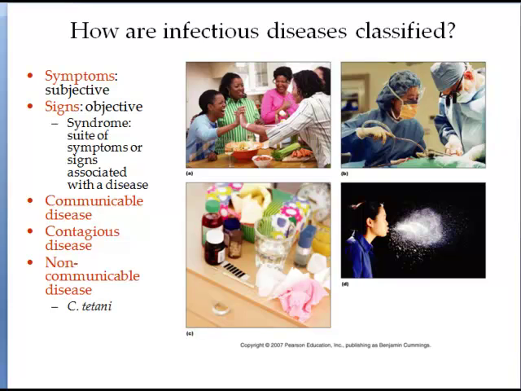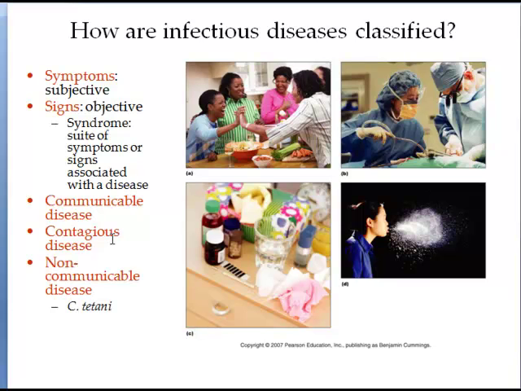Any disease that spreads from one host to another, directly or indirectly, is called a communicable disease. For example, direct spread is shown here with holding hands, sneezing, or sharing supplies. Certain diseases such as chickenpox, measles, typhoid fever, and tuberculosis are also examples of contagious diseases.